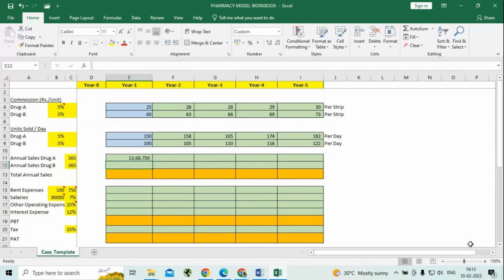So it is 13 lakh 68,750. You're going to earn that out of drug A.